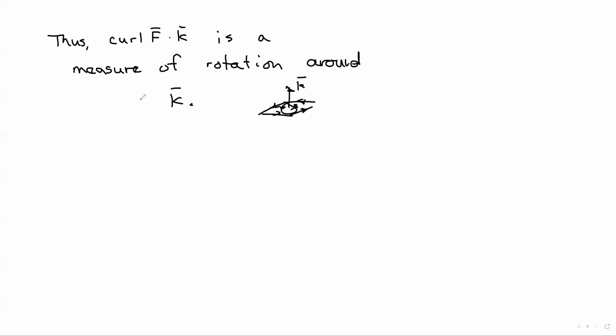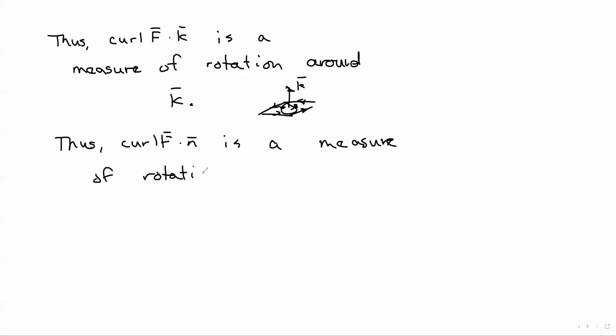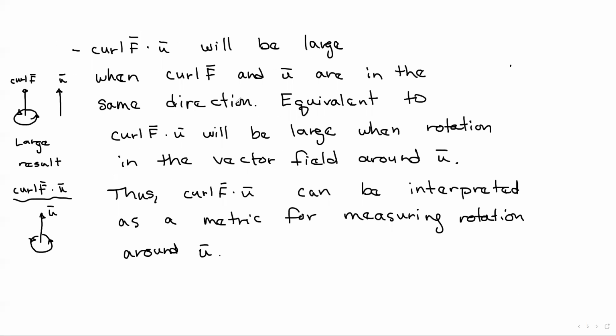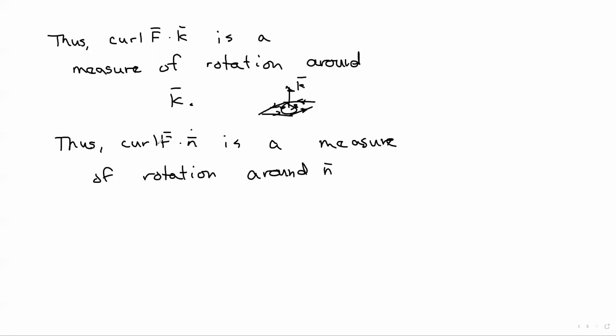And so at this point, we can now feel comfortable saying that we can extend this so that curl of f dot n is a measure of rotation around n. Again, we're doing the same thing. We're popping n into our previous result with curl of f dot u, and we're saying, okay, so this should give us a measure of rotation around n.